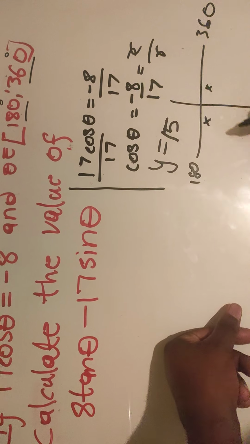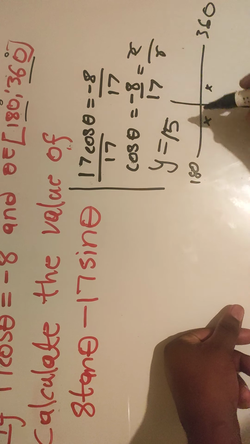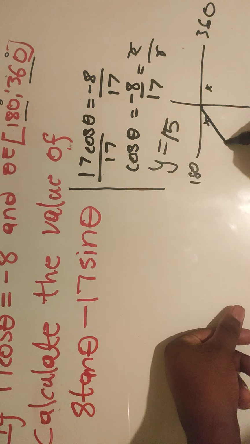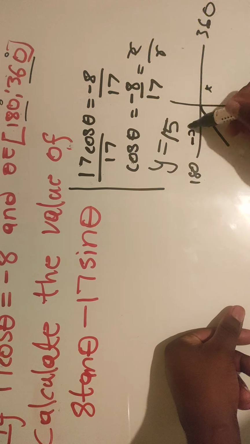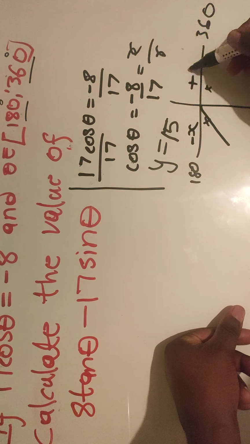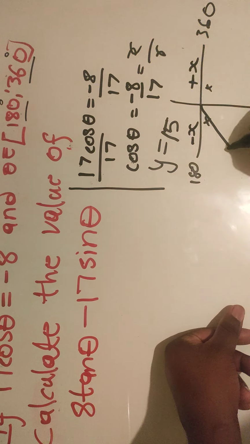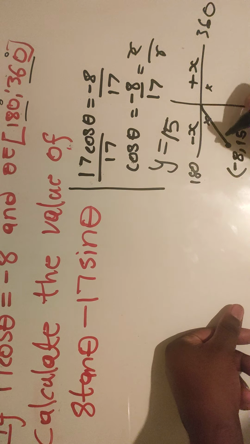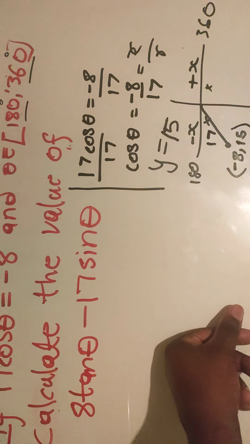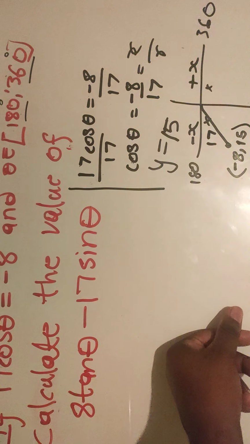We know that the value of x is negative. So we are dealing with this quadrant, because the value of x on this side is negative, on this side is positive. So on this side we have minus 8, the y value, which is 15, and the value of r is 17. Once you get x, y, and r, you are done. You can answer any question.